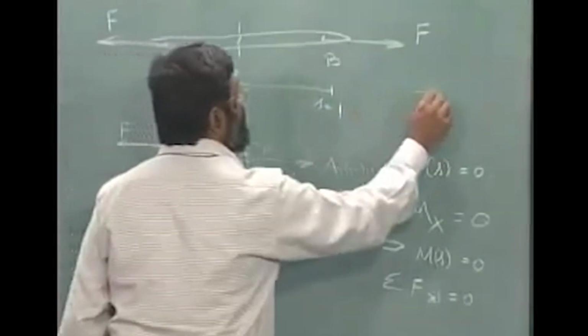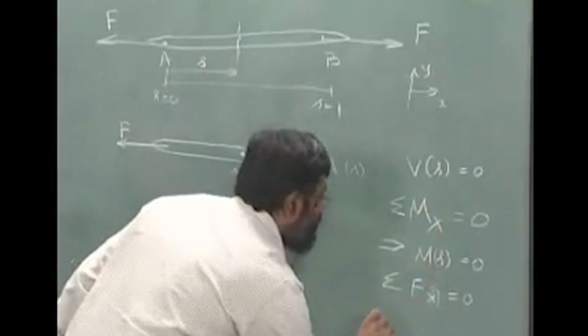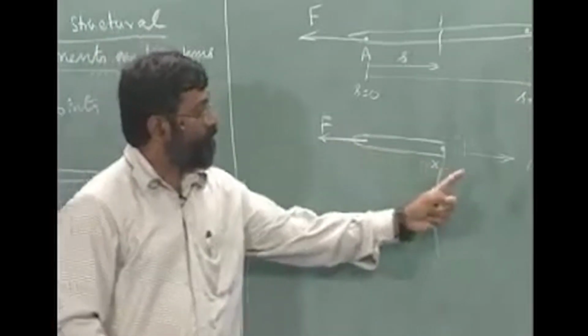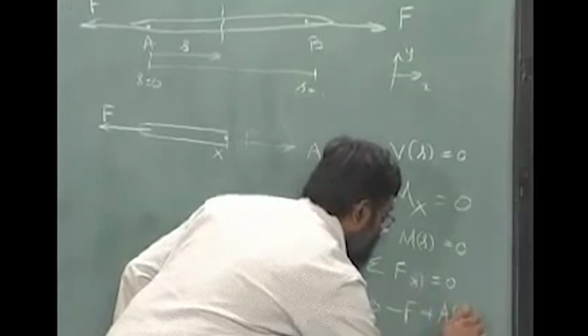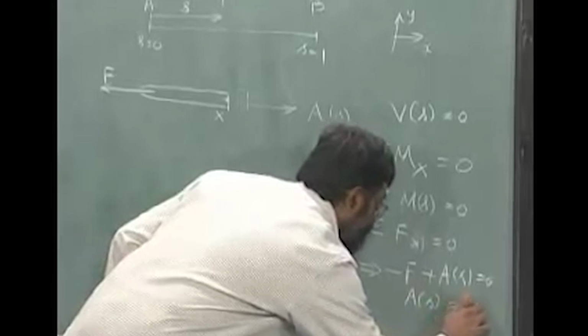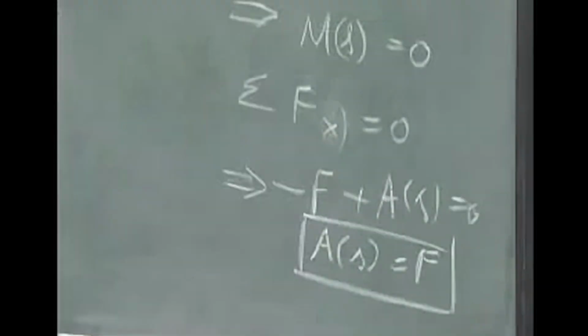If this direction is x and this is y, this implies that minus F plus A at S equals 0, which means A at S equals F. This is a nice result.